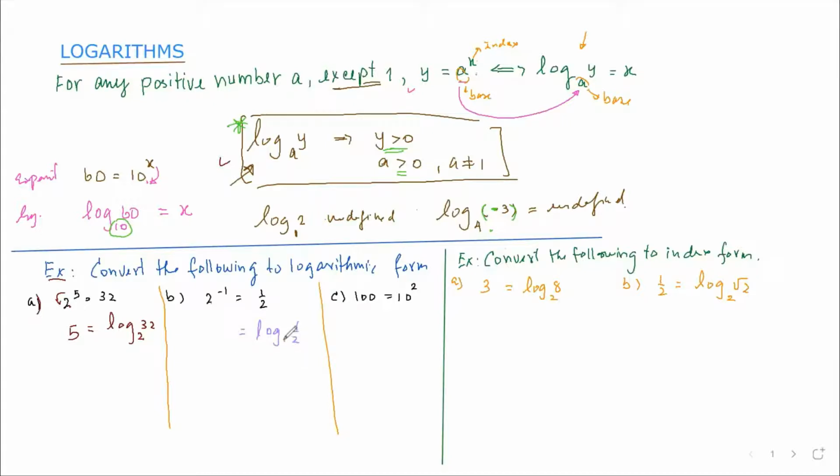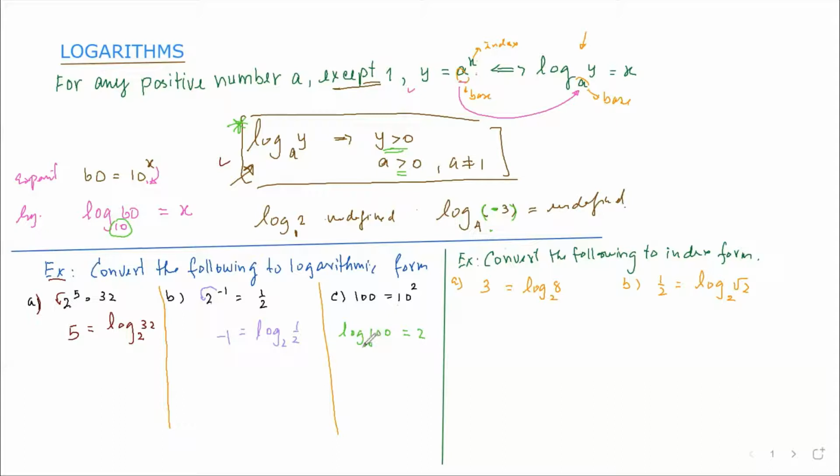So you write 2 here. Then negative 1 takes the place of the number 2, so this one becomes negative 1. Okay, now question C. Same thing. Which one is the base? This is the exponent form. 10 is the base, right? So you write log 100. Move the base 10 here to become the base of the log, equal to 2. Okay, that's all.